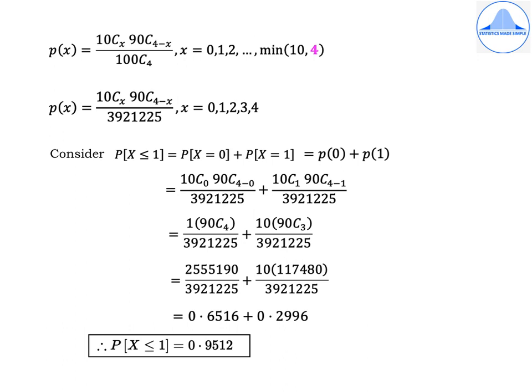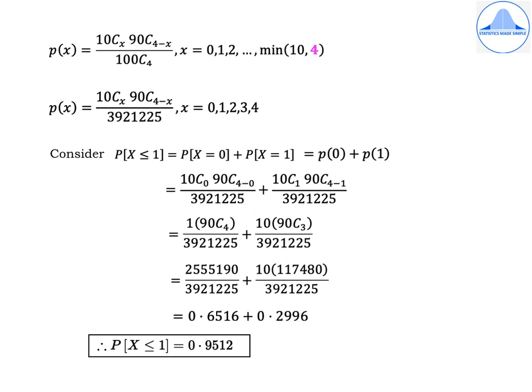So how do we calculate P of 0? In the PMF, wherever you have X, replace it by 0, and similarly P of 1 is obtained by substituting X equal to 1 in the PMF. So we get this step as 10C0 90C(4 minus 0) divided by 39,21,225 plus 10C1 90C(4 minus 1) divided by, again the denominator is 39,21,225.